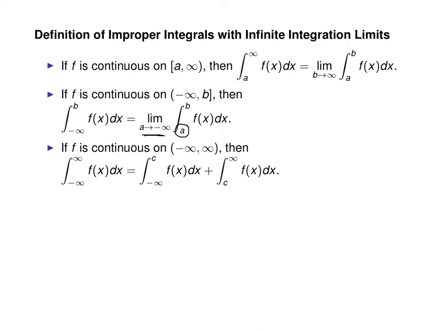And if you have the area under a curve between -infinity and +infinity, you break that integral up at some value in the middle, and you can use whatever c you want. An easy choice is often c equals 0. And you can find this integral and that integral using the previous techniques.